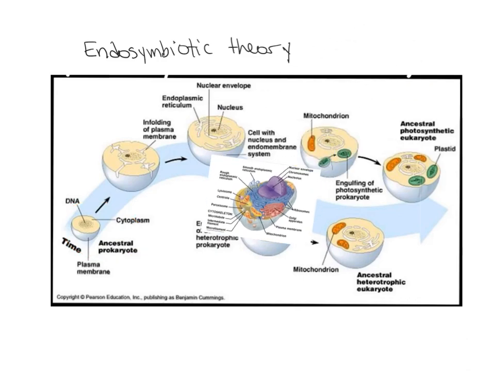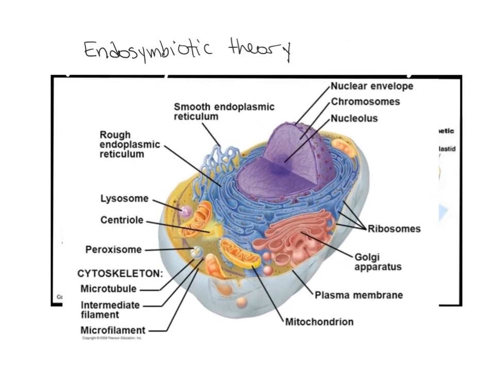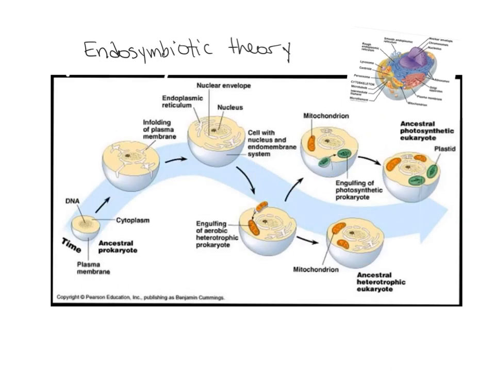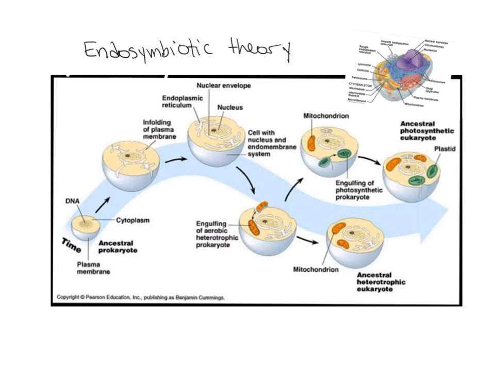So if we go back to our cell right here and we enlarge it, you can see that the mitochondria actually have a double membrane. So they have one membrane on the inside and one membrane on the outside. And the theory is that happened because when they were engulfed, right here, that membrane that assisted in engulfing them actually became that outer membrane of the organelle.